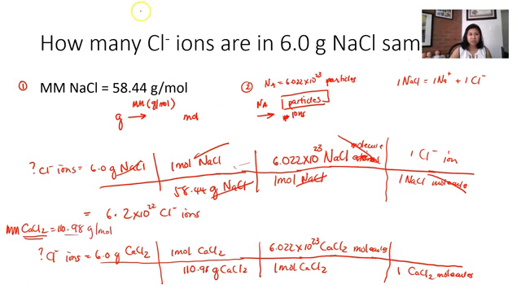So let's revisit. Calcium chloride, calcium has a charge of 2 plus. Chloride ion is in group 7A, so it will have a charge of 1 minus. You're going to need 2 chloride ions to neutralize 1 calcium, and so the formula is 1 CaCl2, correct?